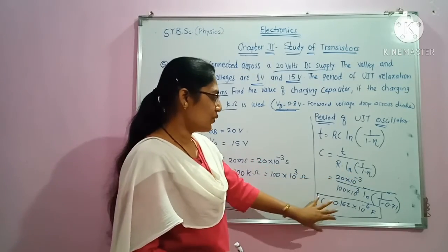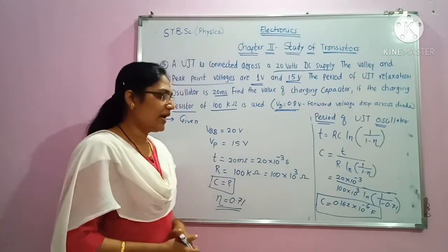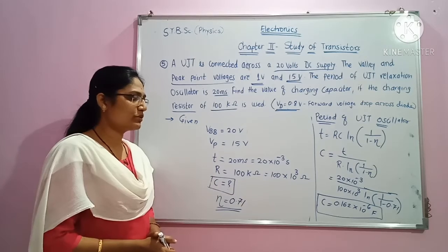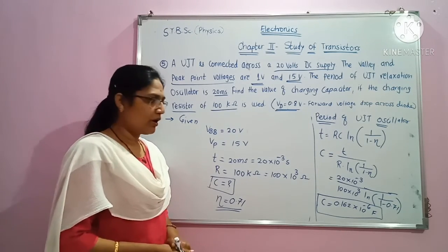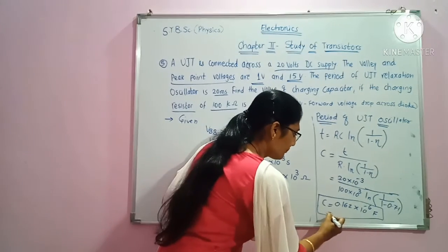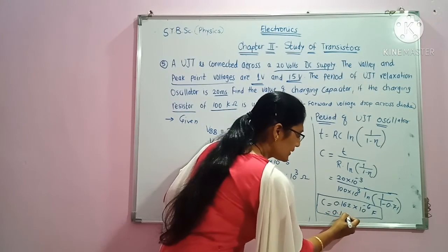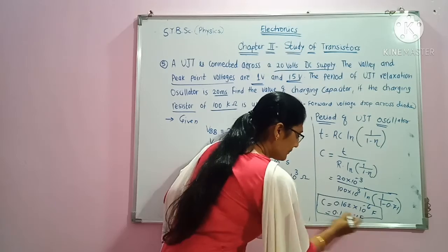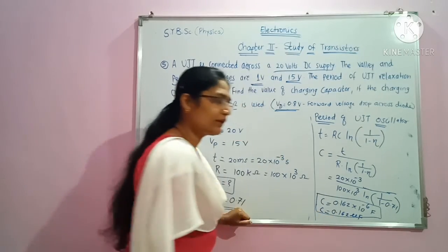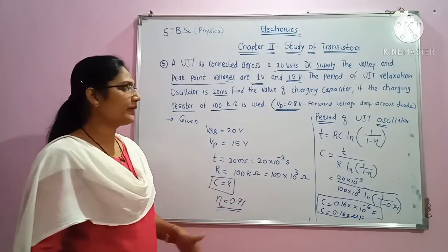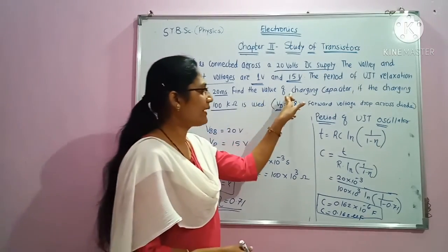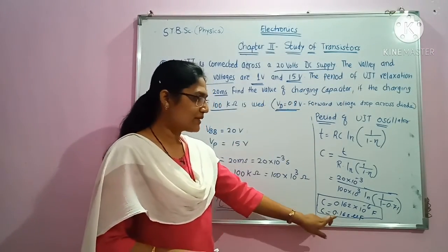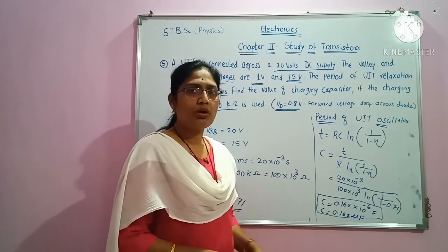After solving this, we obtained the value of C as 0.162 into 10 raised to minus 6 farad, or one can write 0.162 microfarad. Both are correct, either in farad or in microfarad. So we have found the value of the charging capacitor as 0.162 microfarad.